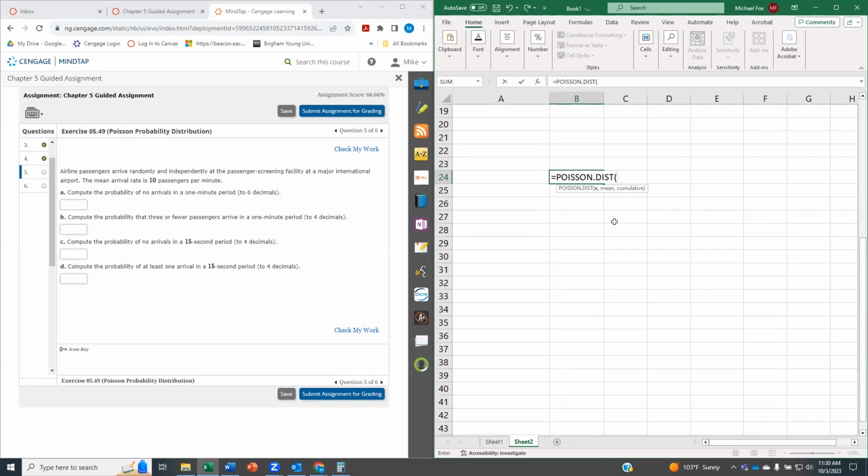Again, cumulative meaning that value and fewer if it's true, or exactly a given value if it's false. So that's the information our Poisson distribution is going to need. So we're going to need a value of X. We're going to need a mean. And we're going to need to know the cumulative or the true false.